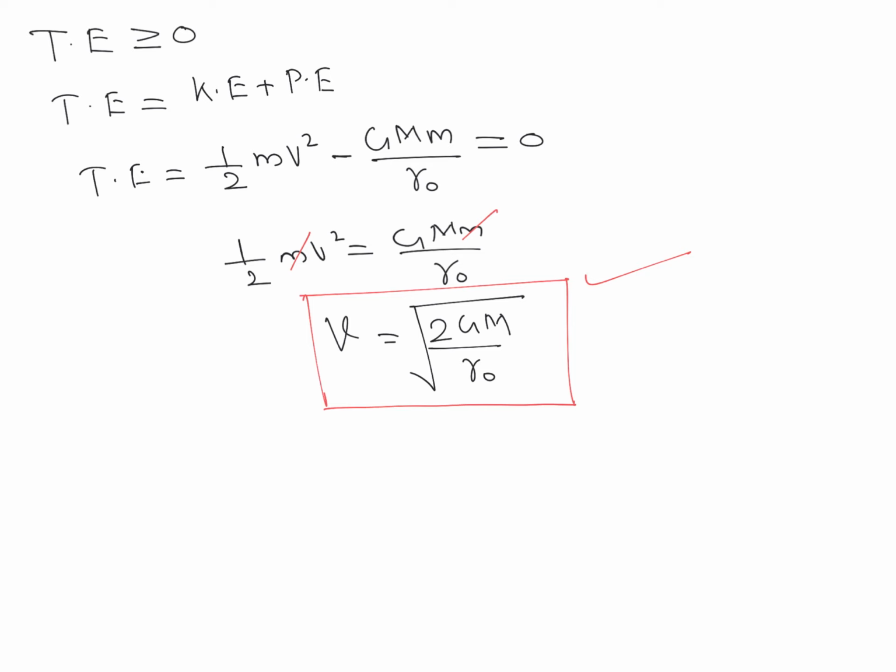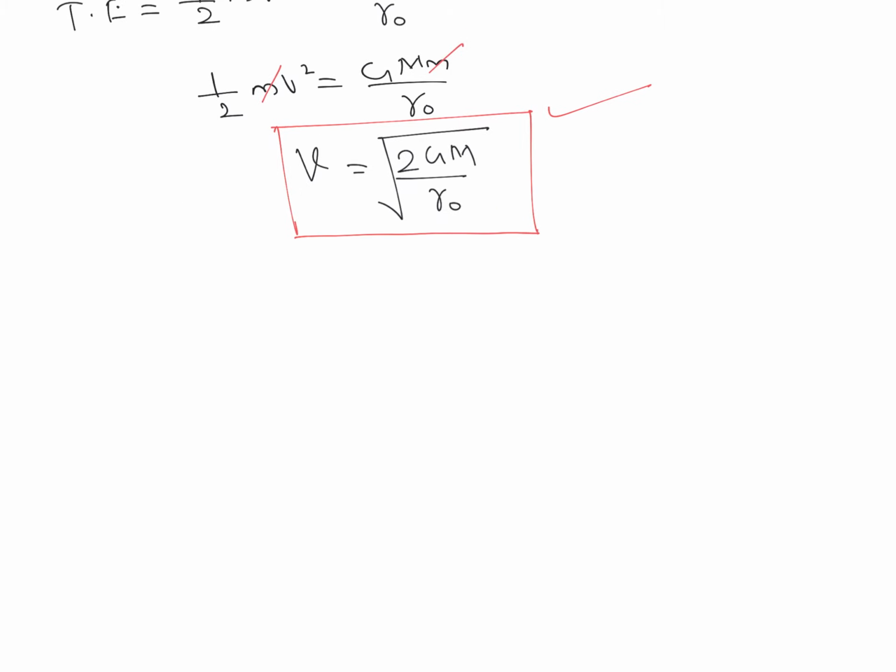In some questions they ask you to find the percentage increase in orbital velocity so that the satellite is able to escape. Initially the satellite was not at rest; it was orbiting with the orbital velocity, which we already calculated in previous classes as root of GM divided by r0.